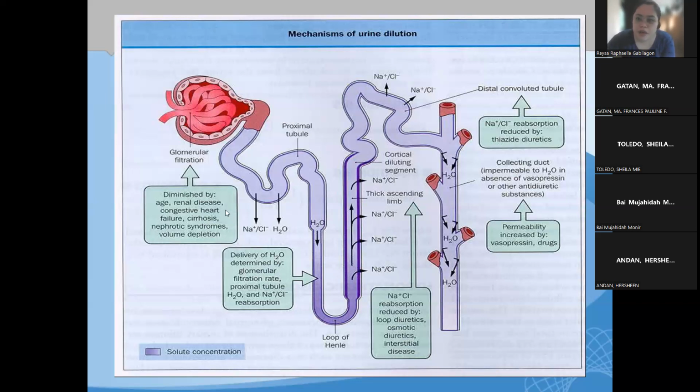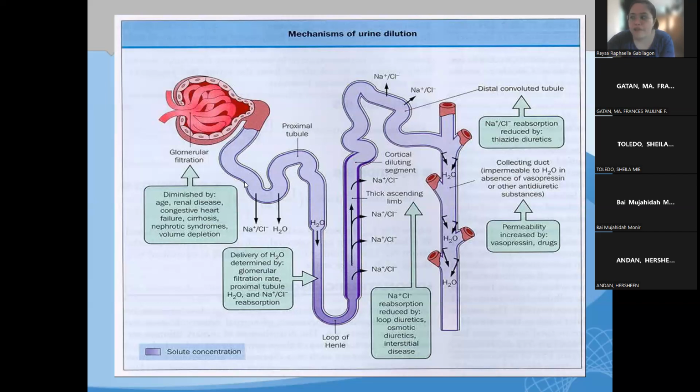And we are also done with our CAIs, our carbonic anhydrase inhibitors, which act on the proximal convoluted tubule and a little part on the descending limb of the loop of Henle.